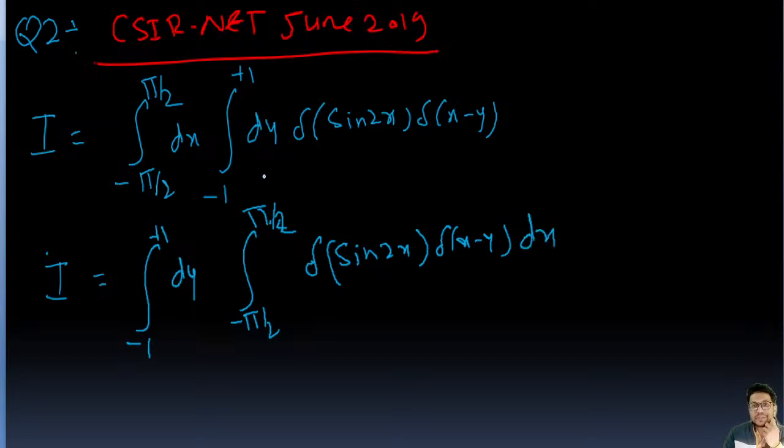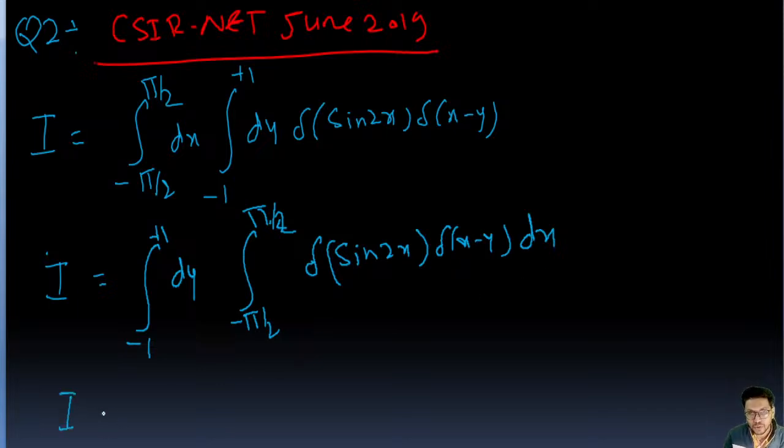We can write this expression like this as well, okay. So limit minus 1 to plus 1 dy, the integration from minus pi by 2 to plus pi by 2 of delta sine 2x del x minus y dx, right.